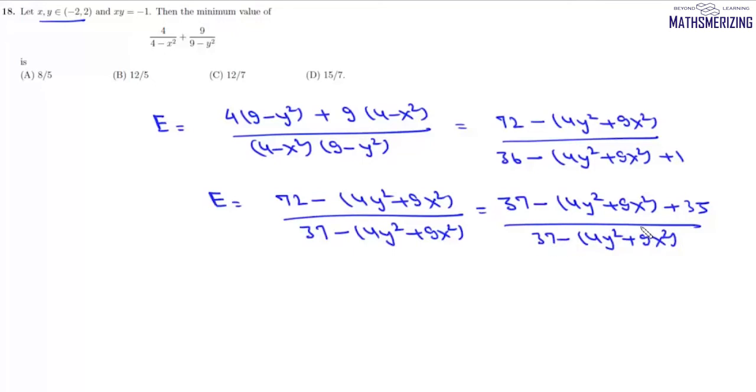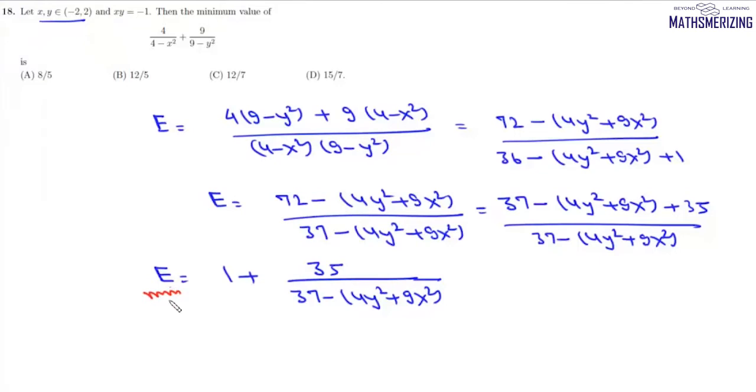Now we divide it, we write E as 1 plus 35 upon (37 minus 4y square plus 9x square). Now we need to find the minimum value of this expression.